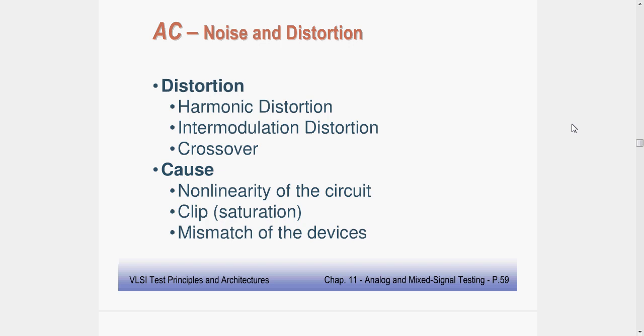That is called a harmonic. The next is saturation. When the circuit stays saturated longer than expected, it causes a clip, and the crossover distortion is caused due to the mismatch between the devices or the transistors within a circuit.